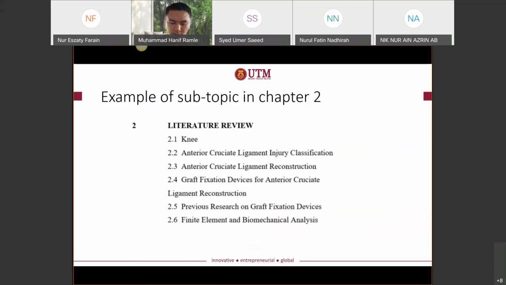The knee joint, for example. And then the student put the classification of the injury. This is important as well, because we are not from the clinical part.